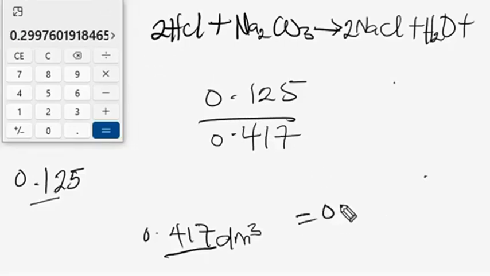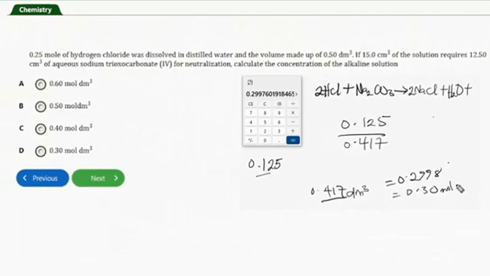That's equal to 0.2998, which is 0.30 moles per dm cube. So guys, that's the answer to this question, and that's option D here. So let's go ahead and wipe this, and let's consider the next question.